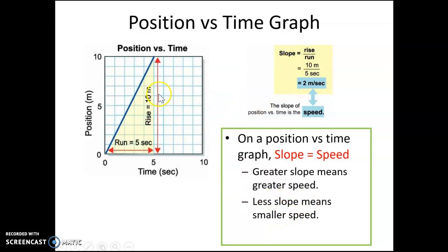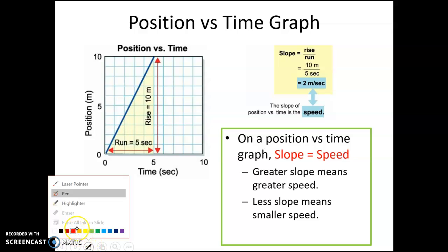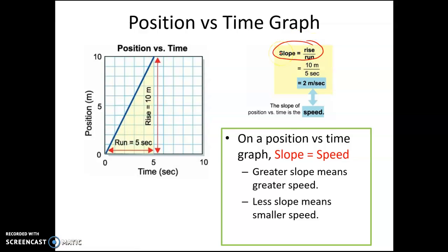Because when we look at a position versus time graph, we say the slope is equal to the speed, and that's because slope is rise over run, or y2 minus y1 over x2 minus x1. When we look at the rise part of the graph, you actually have position, a lot like a distance that something is going.